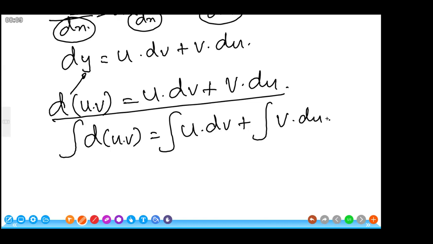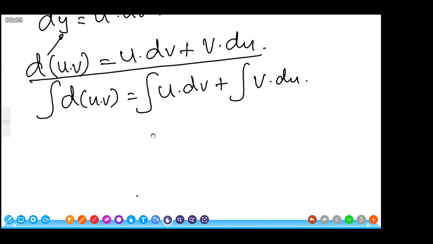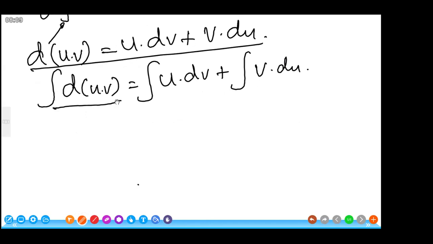I simply want to integrate these functions. What is the integration of the derivative of uv?